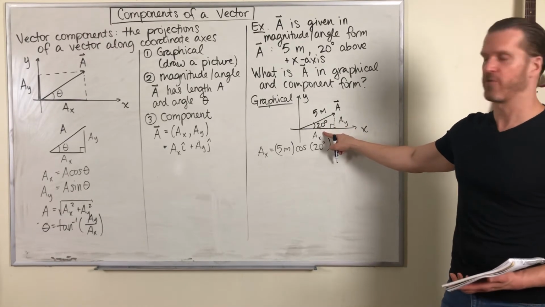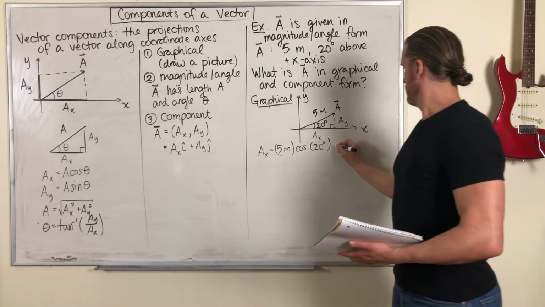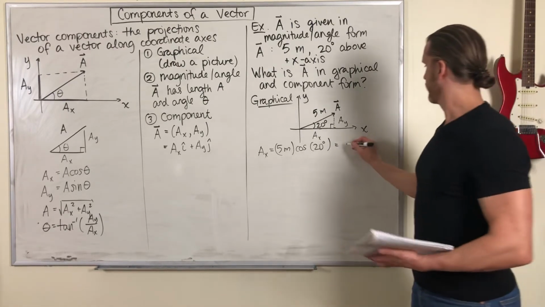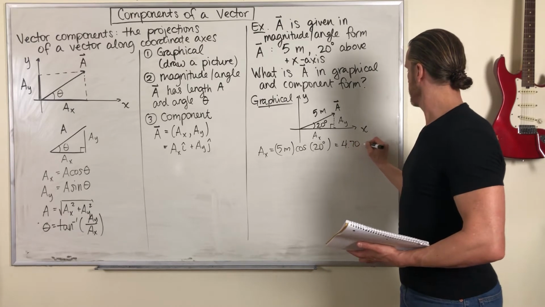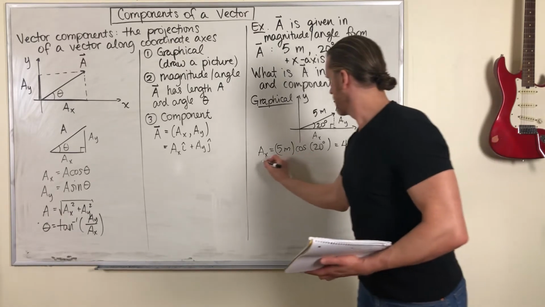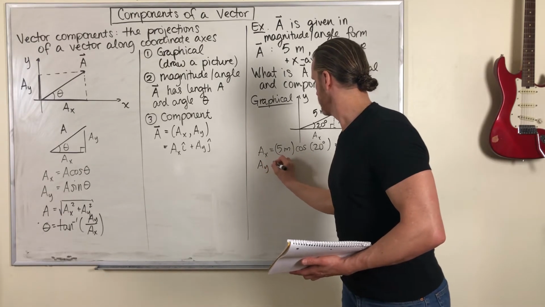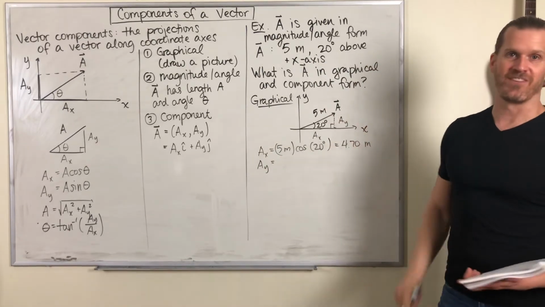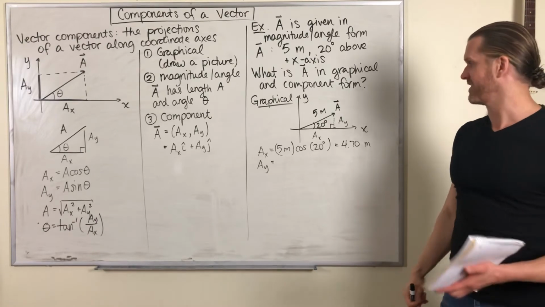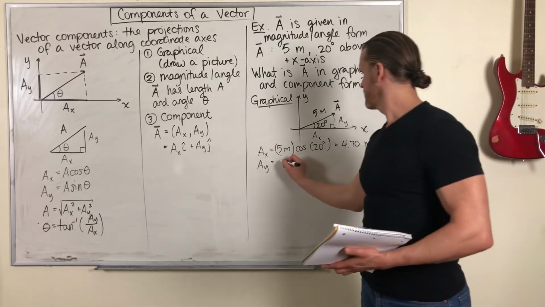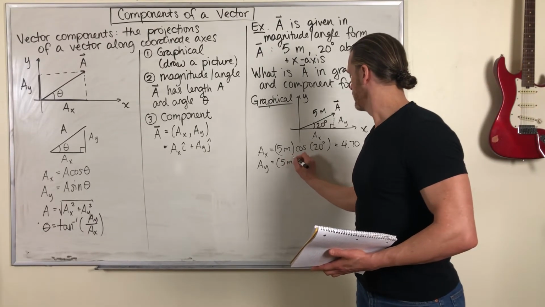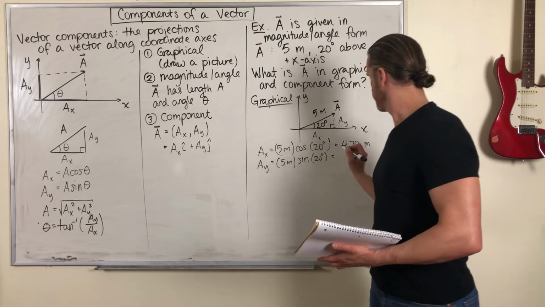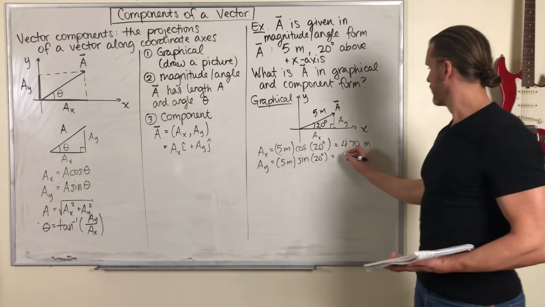Adjacent is cosine. And that's 4.7 meters. A_y, that's the side of the triangle opposite to the 20-degree angle, so it gets sine, 1.71 meters.